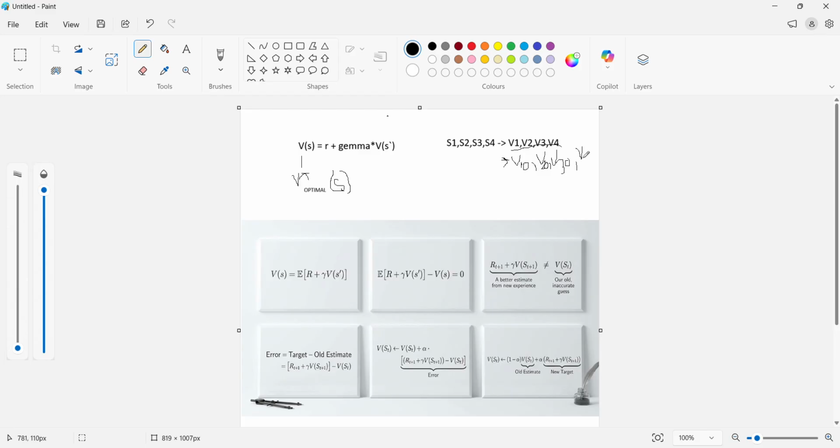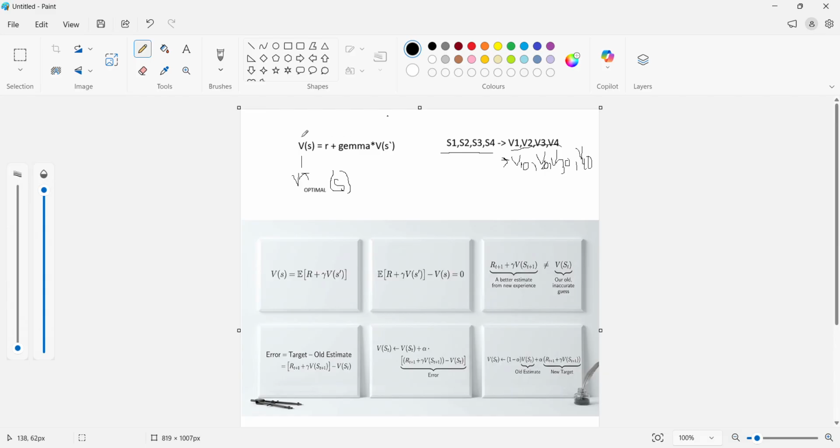Why are we trying to find the optimal values? Because once we have the optimal value for all of the states in our environment, we can say that the policy that we are using in our environment is the most optimal policy. I hope the concept is clear that we are striving to find the most optimal value for each state in my environment.